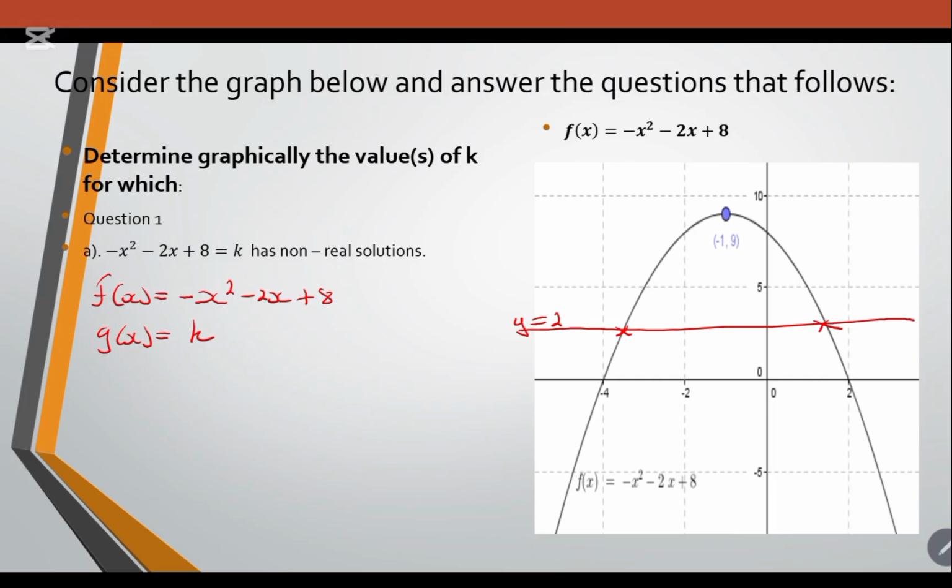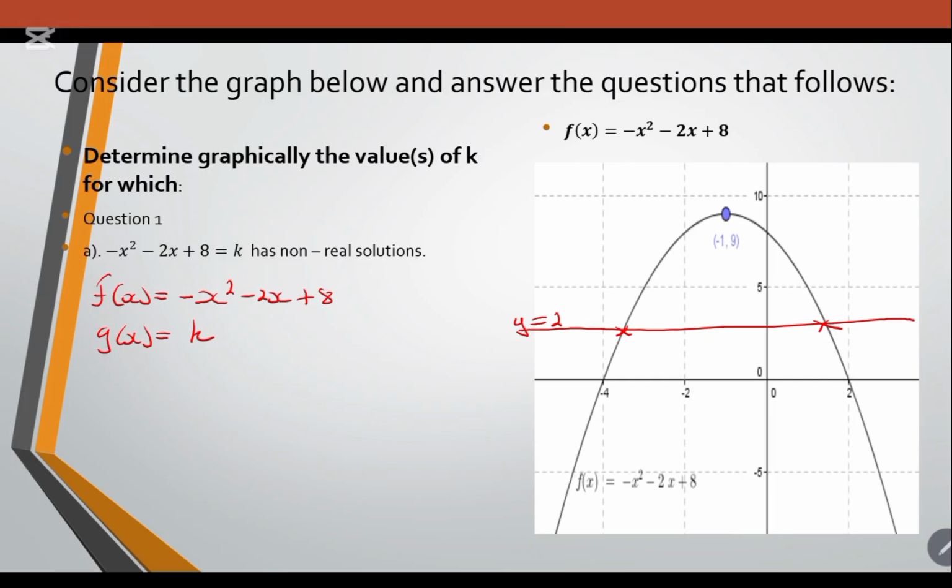Now, in question A, they say we must find the value of k such that this equation does not have real solutions. If it does not have real solutions, it simply means that these two graphs do not intersect.